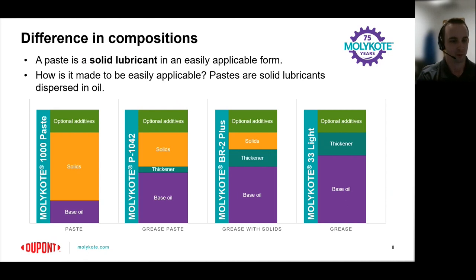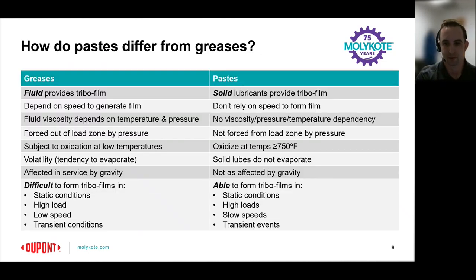For paste, we have the 1000 paste. For grease paste, we have P1042. For greases with solids, we have the BR2 Plus, and then for a simple grease with no solids in it, we have the MOLYKOTE 33 Light. So again, greases and pastes may appear similar. However, they're used in many different applications.